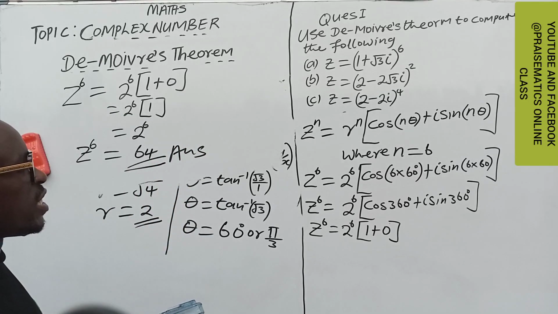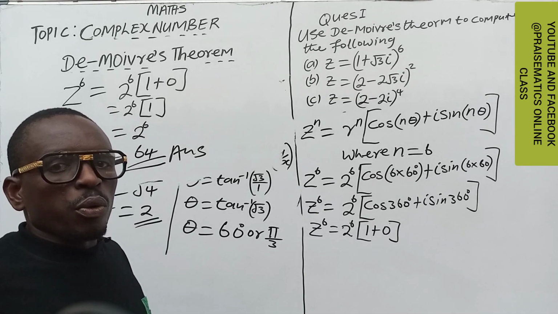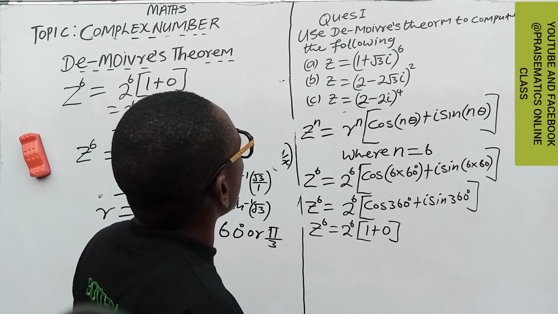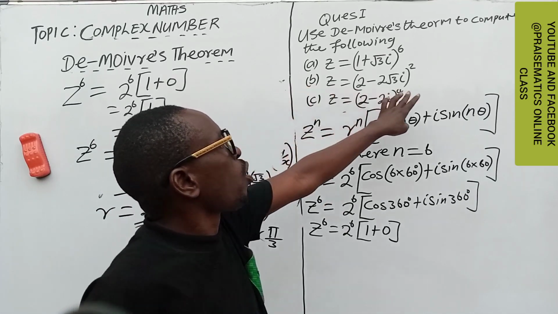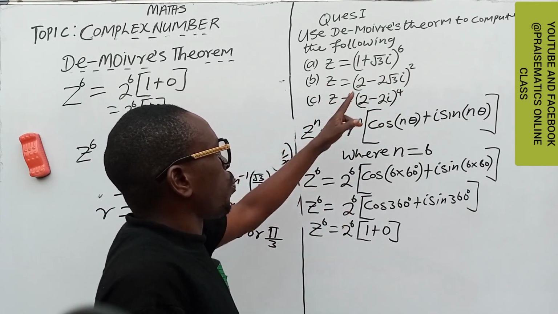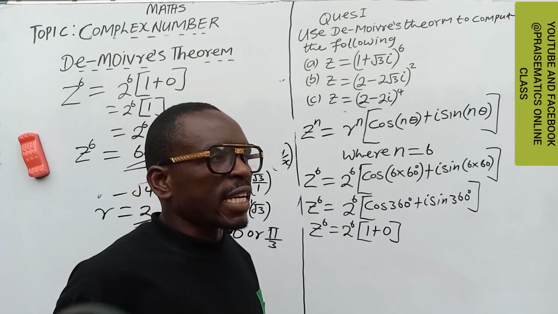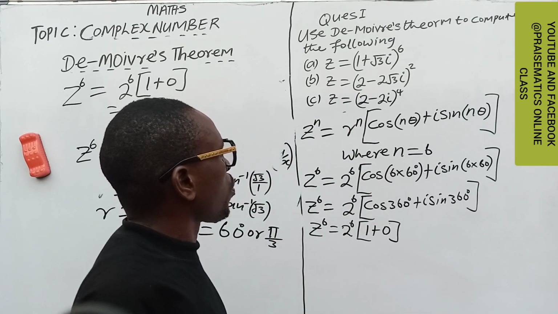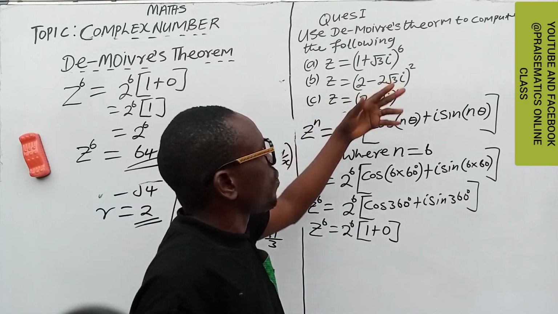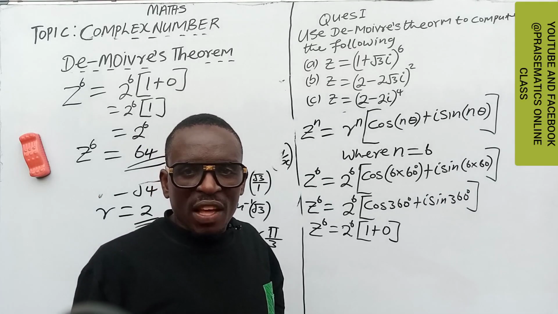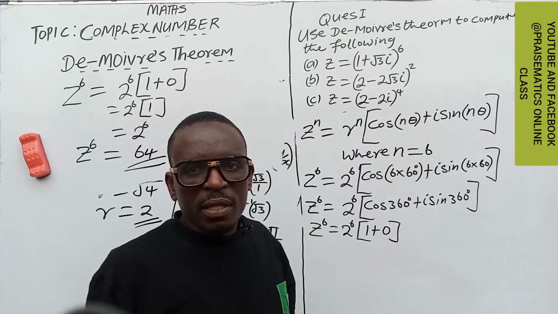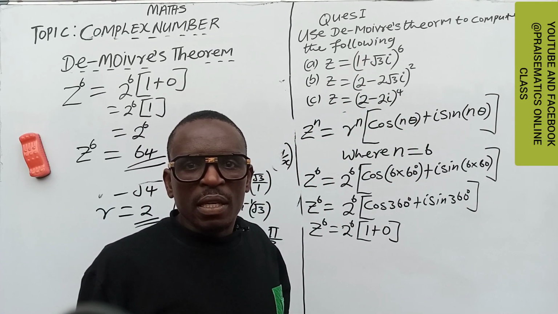So you have converted this using De Moivre's theorem in solving the question. So you must look for the second one, solve the second one, use the same methodology. First of all, you need to plot this in an Argand diagram. After plotting it, you now find the modulus r. After finding the modulus r, you now find the argument, that is theta.